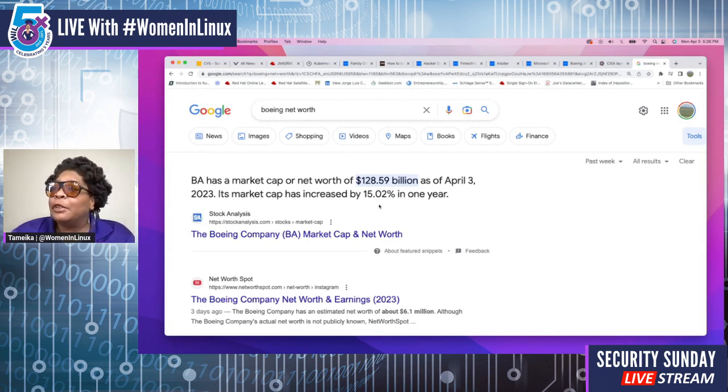If Lockheed goes to buy them, they're probably going to have to get them at probably three times the amount. So let's say 130 times three, we're talking about half a trillion, because they got to pay everybody. They got to break everybody off, right?